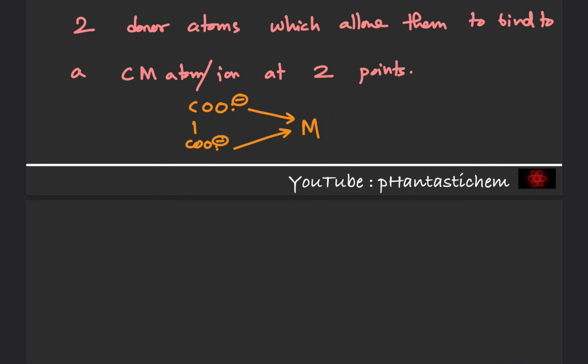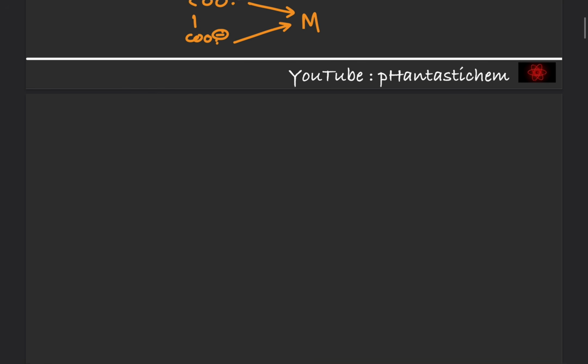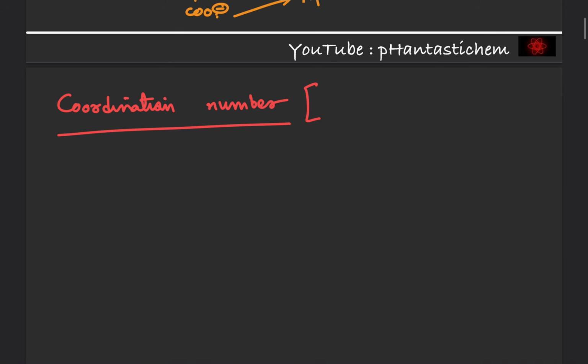So what is coordination number? It is the total number of coordinate bonds formed with the central metal atom or ion by the ligands.